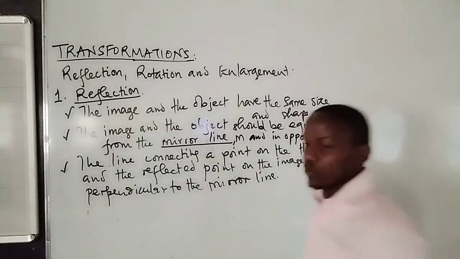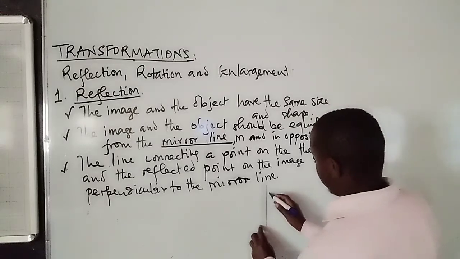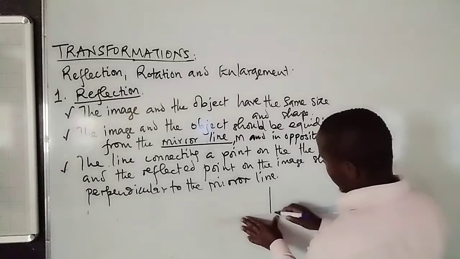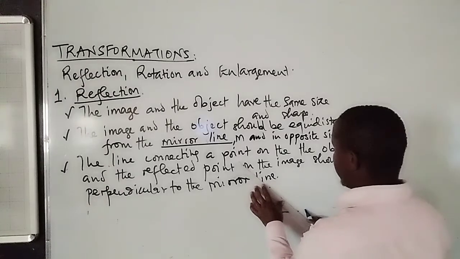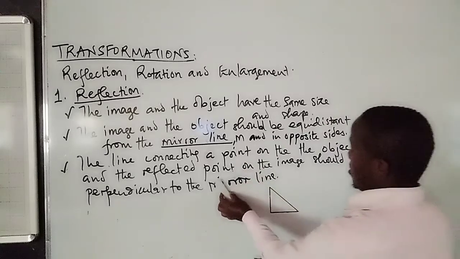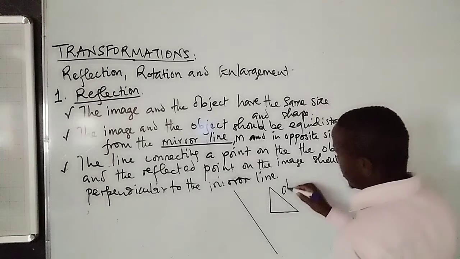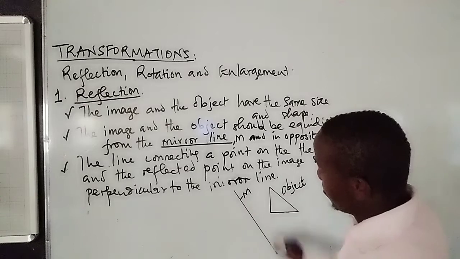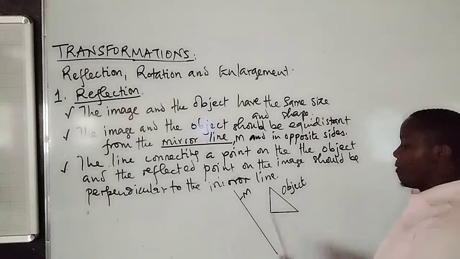Or briefly, this is what I am trying to drive home. If we have an object here, just trying to do a sketchy illustration, we'll be seeing real reflection in an example. This is an object, and this is a mirror line M. Then you want to reflect this object on this mirror line.